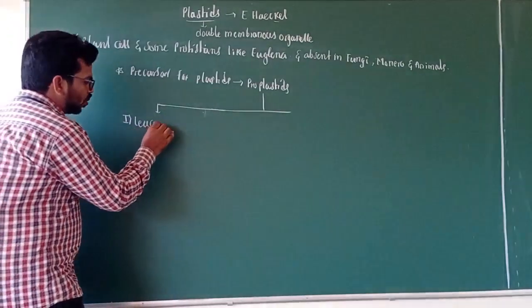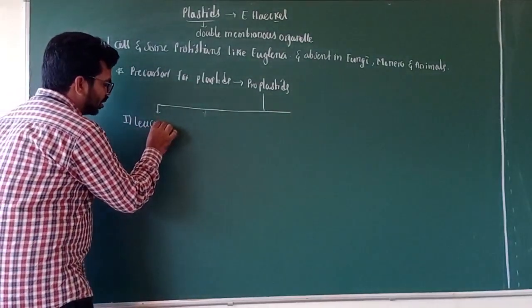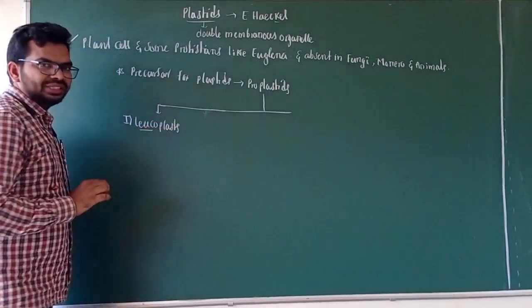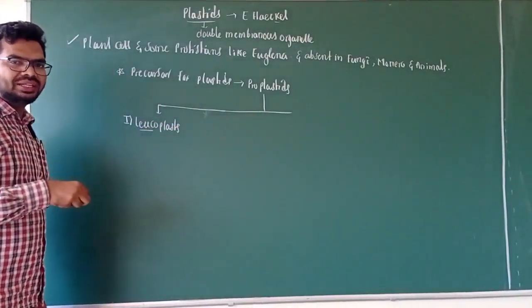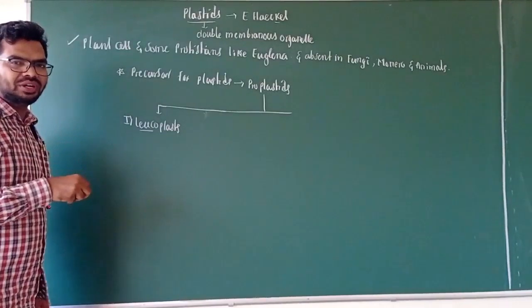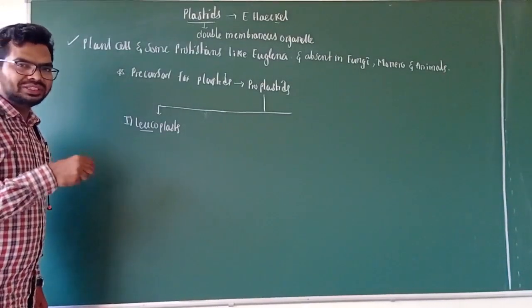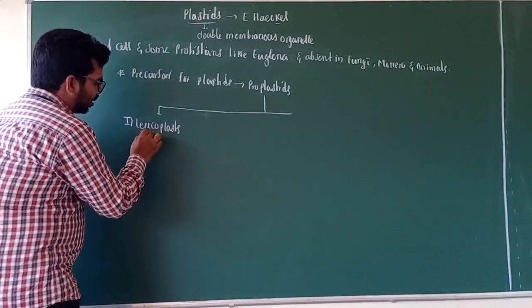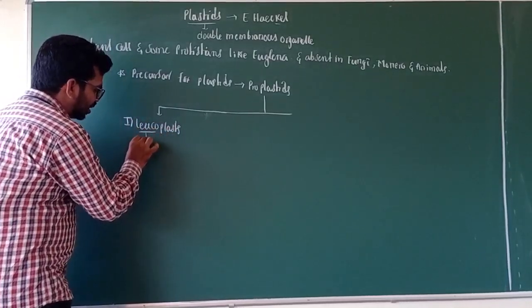Leukos means white in the Greek language. These plastids are present inside the inner parts of the plants, and inside the plant cells they are in which color, children? White.